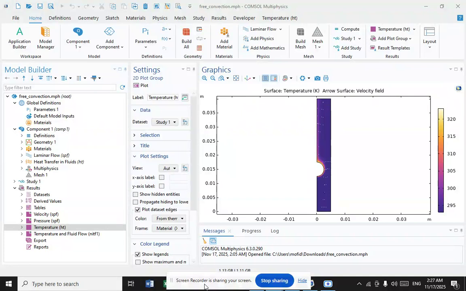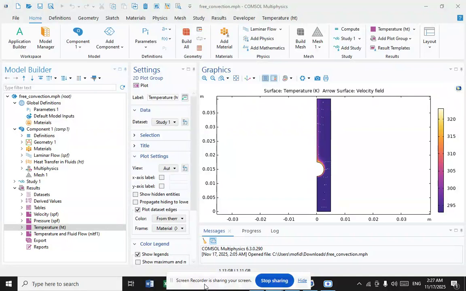Use of nanofluids in solar energy systems, natural convection. Natural or free convection is a type of heat transfer in which there is no external force on the fluid to move. It is only due to the density difference originated from the temperature gradient.